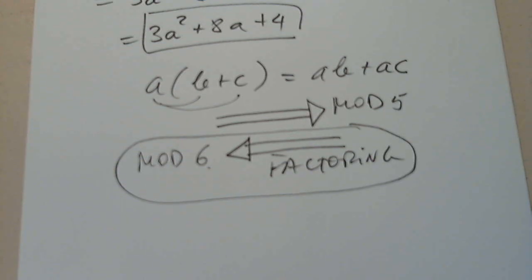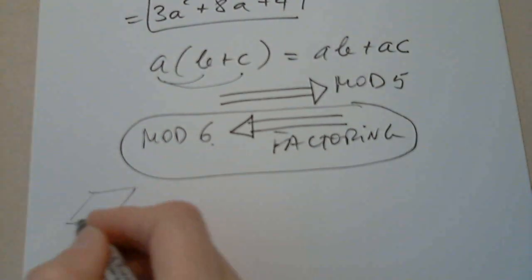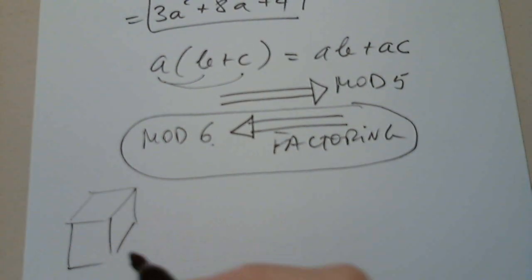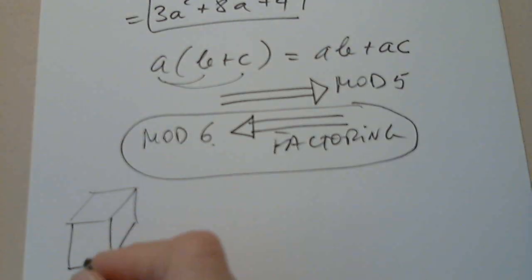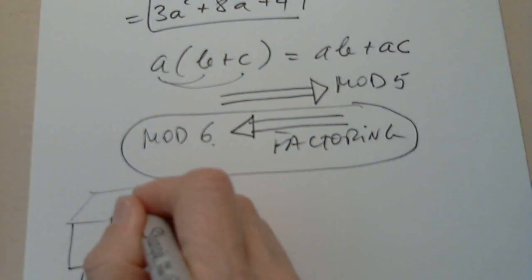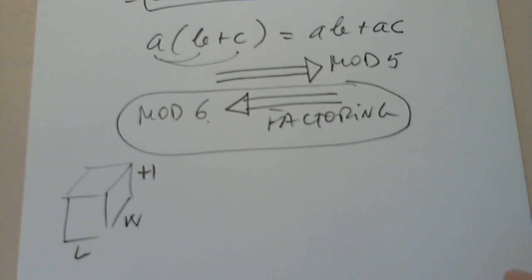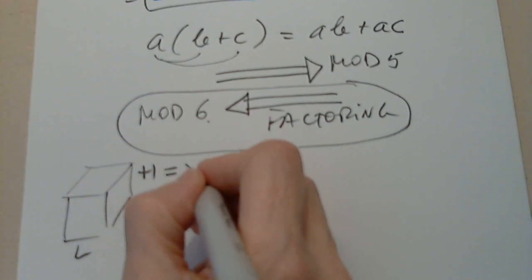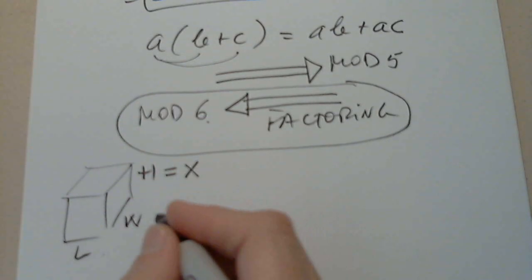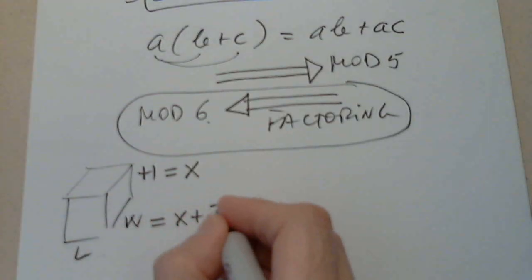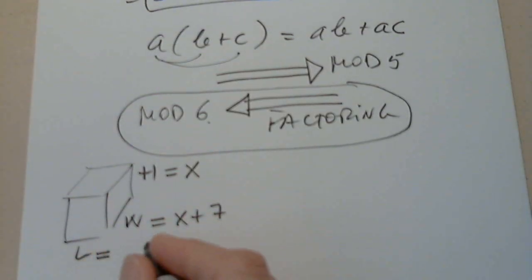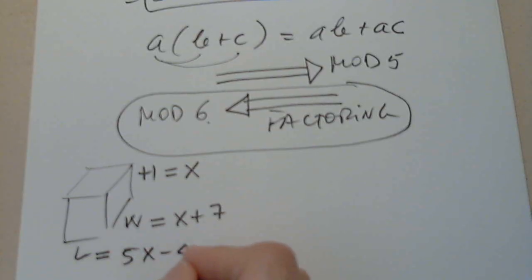So let's suppose we have a rectangular box, and this is the length, this is the width, and this is the height. Let's say the height is given to us as x, the width is x plus 7, and the length is 5x minus 4.